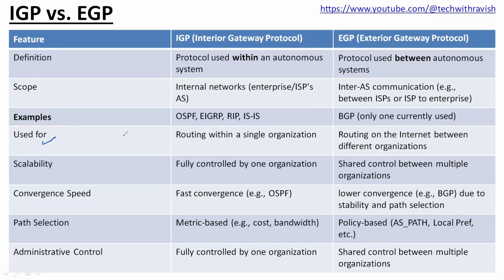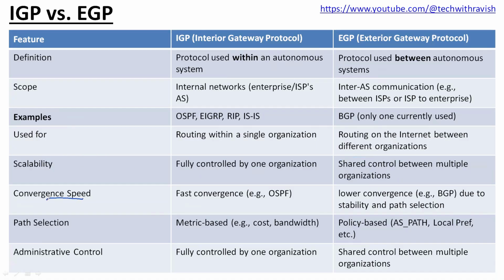Let's talk about the use. IGP can be used for routing within a single organization, but EGP can be used for routing over the internet between different organizations, ISPs, or enterprises. Scalability: IGP is fully controlled by one organization, but the BGP protocol can be shared between multiple organizations, nations, states, or ISPs.